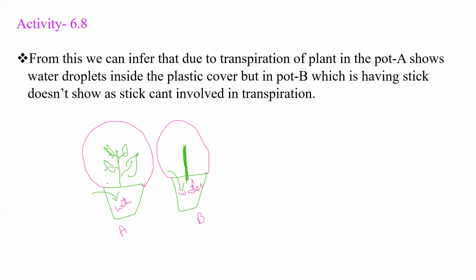Then you can observe on the cover, pot A shows water droplets on the inside surface of the cover. Here you can easily observe the water droplets, but here there are very few droplets. Of course, here also there is an evaporation process, loss of water takes place, but there are only very few water droplets.